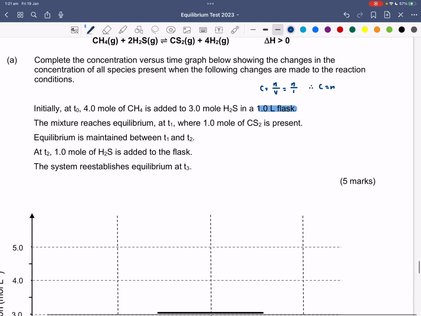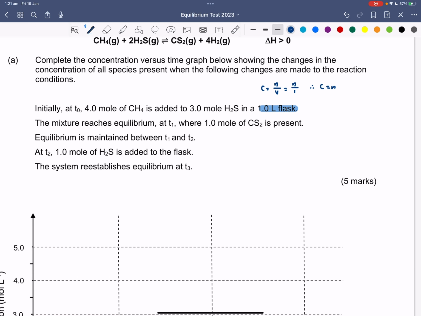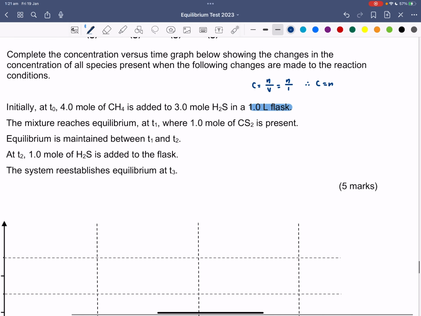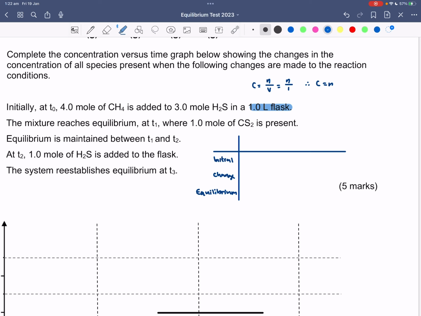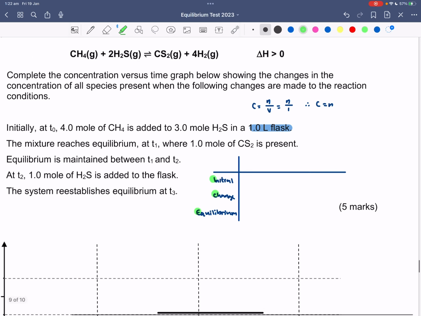Now, this is a question where using an ICE table is really helpful, all right? It just makes the question much easier. So, in my ICE table, I stands for initial concentration, C stands for the change in the concentration, and E stands for the equilibrium concentration. So that's why it's called an ICE table. So what do we have in my ICE table?